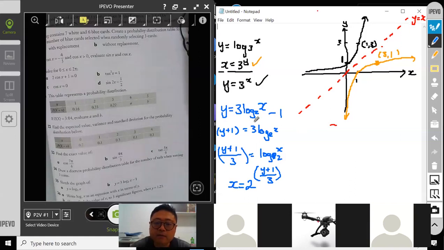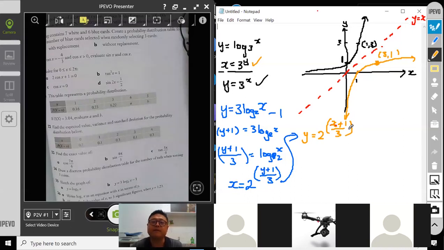In fact, the inverse function would be what? y equals 2 to the power of x plus 1 all over 3.